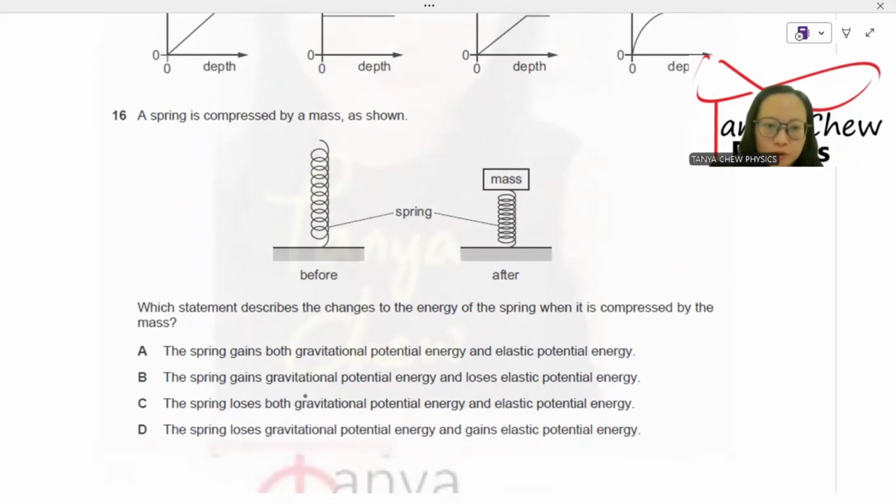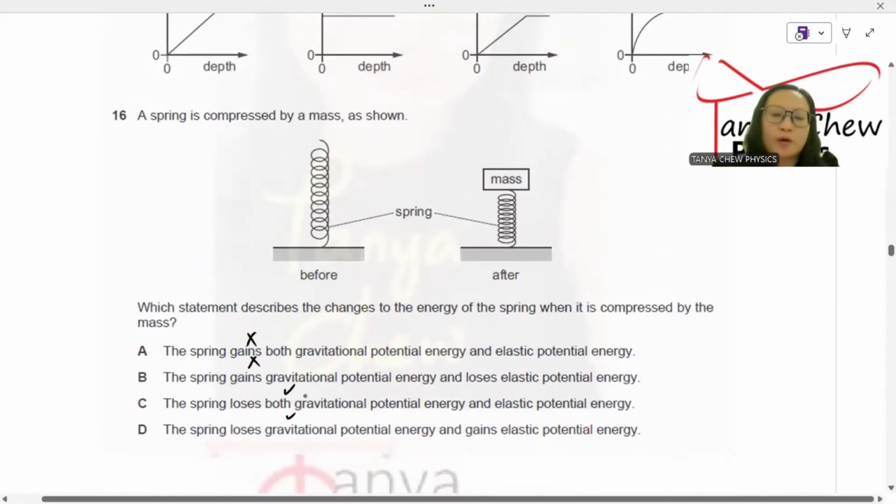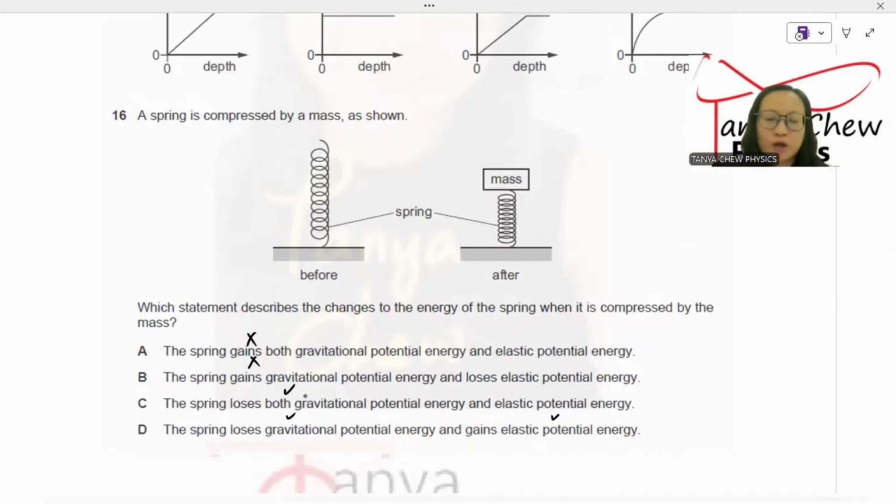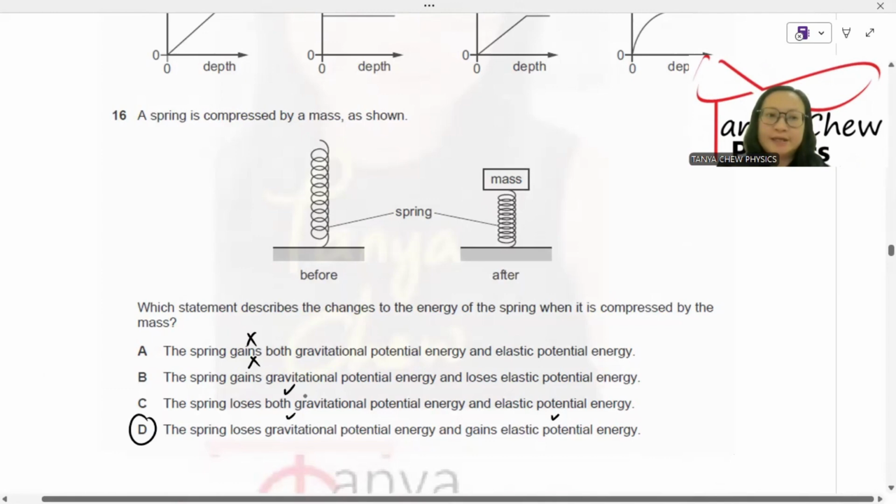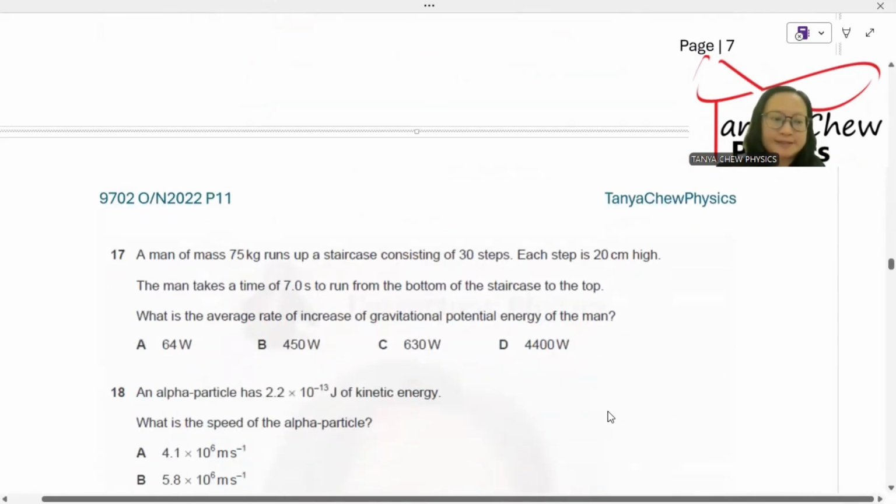So the spring will lose gravitational potential energy, and gain elastic potential energy. Why? Because when it is being compressed, elastic potential energy of the spring is increasing. D is the answer.